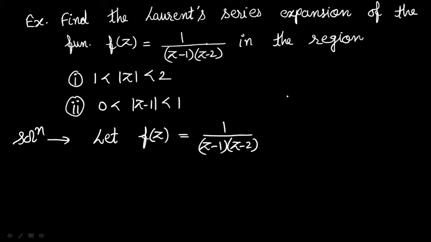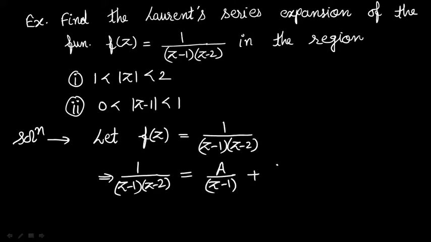First step here, we resolve this given function in partial fraction form. Therefore, 1 upon (z minus 1)(z minus 2) equals a upon z minus 1 plus b upon z minus 2. Now we resolve this by partial fractions and find the constant terms.